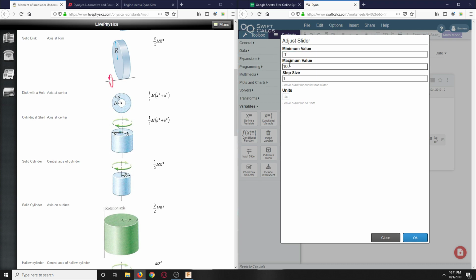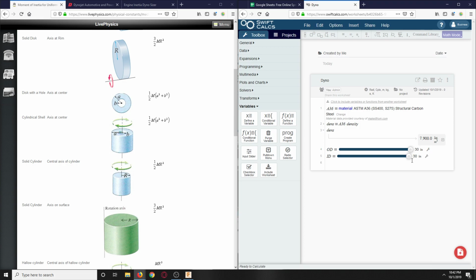0.1, and this is, let's say, 30, and step size is 0.1 inch. Same thing here: 0.1, 30, step size 0.1 inch. And I'll show you guys how to do more stuff with that.